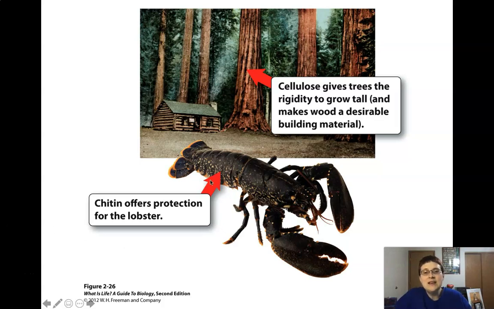Chitin is a part of a complex that is used to make things like exoskeletons in crustaceans and insects. So if you've ever stepped on an insect and it went crunch, that's why, right?